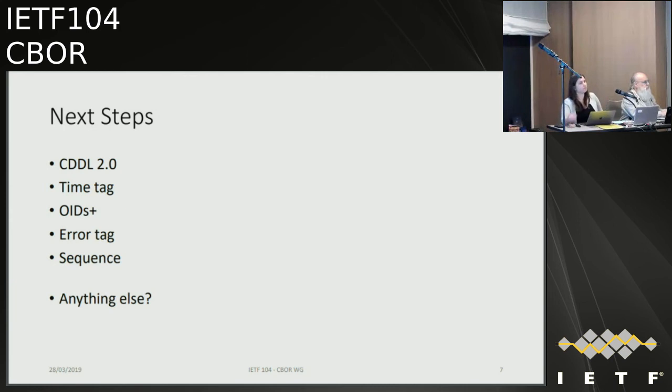So that's one bucket, and the only place where I really see this right now is CDDL. I don't think we have anything else we have to evolve in this way, with the potential exception of the time tag, where probably you could do a couple more time working groups, but we're not going to do that.